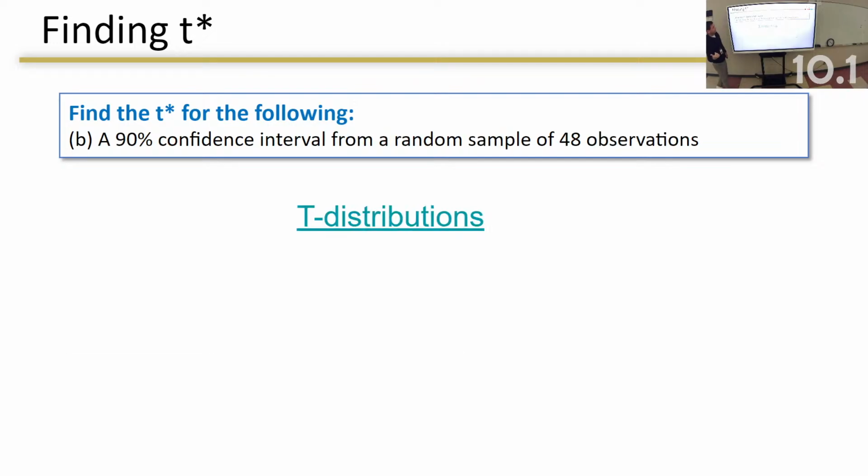So here's another one, a 90% confidence interval, random sample of 48. So if I have a random sample of 48, the first thing I put in my head is DF is equal to 47. So I could go to my table. If 47 is not on there, then I got to go to 40.